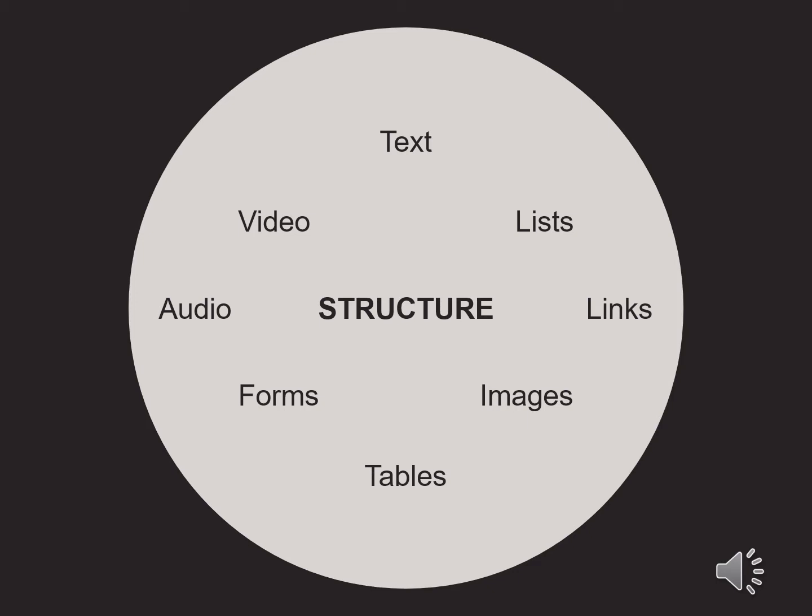In the center we show the structure, and around it we list different types: text, lists, links, images, tables, forms, audio, and video. You can just think of a web page like this. We have a lot of contents, and we want it to contain these different types.